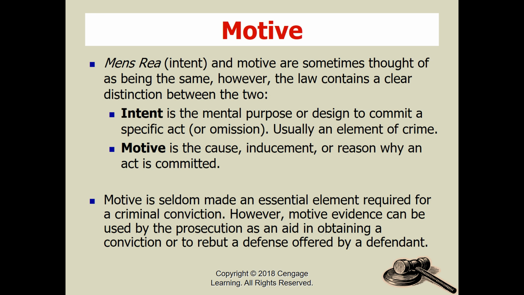You almost never see motive listed as an element of a crime. Having said that, if there is no motive why someone would commit a crime, I think it really plays to that standard of evidence that we started talking about at the beginning of this chapter. How can you find someone guilty beyond a reasonable doubt if you can't see why they committed the crime?